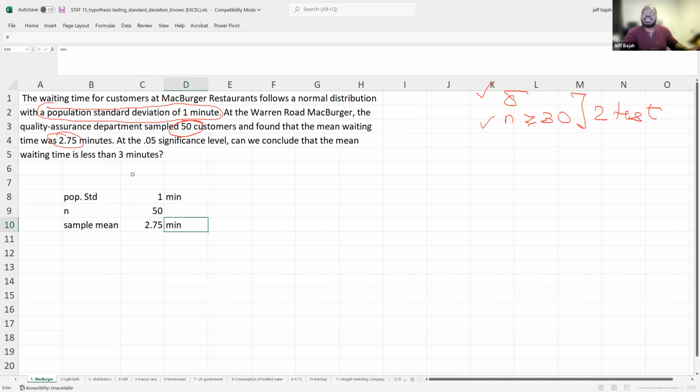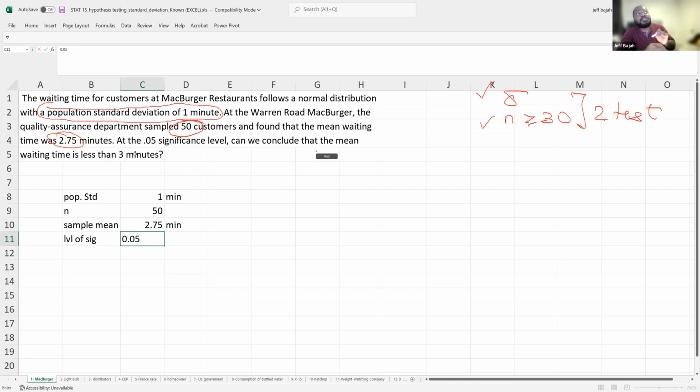All right. We're now told that at level of significance of 0.05, well, that's your alpha, right, at 0.05 or 5%. And that says, can we conclude that the mean waiting time is less than 3 minutes?